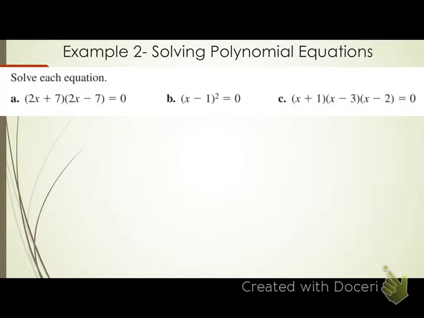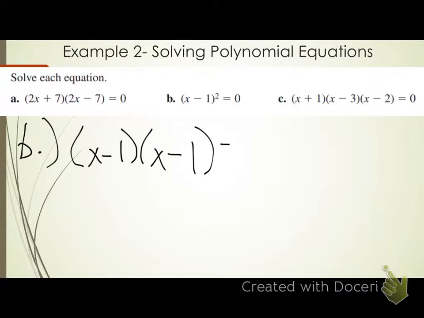Letter B, x minus 1 squared equals 0. What's another way I can write x minus 1 squared? Yep, x minus 1 times x minus 1 equals 0.